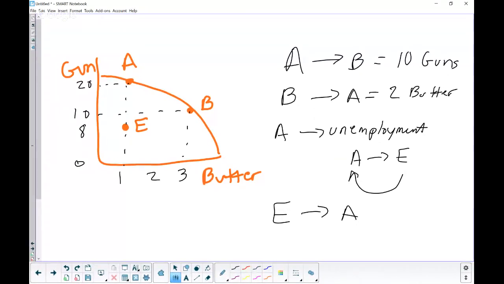So at point E to A, we actually increase what? We increase 12 guns, and we lose 0 butter in this case, because at the end, we're still producing 1 butter. And hopefully that makes sense.